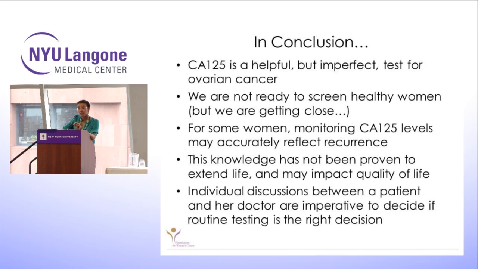Monitoring CA125 levels can be very accurate for some women, but not all, and may reflect recurrence. But remember, there's no proof that this extends life, and we know it may harm your quality of life. So do take the time to talk to your doctor about whether or not serial monitoring is right for you.